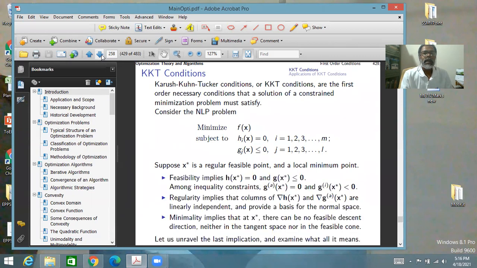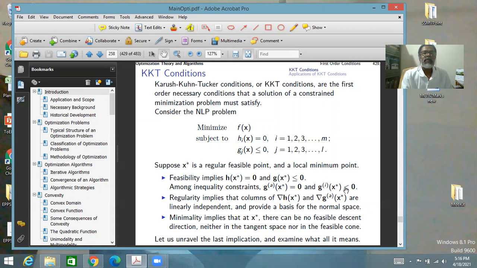So there are three things here: feasibility, regularity, and minimality. The feasibility implies these two. Among the inequality constraints, there may be one set, which is the active set, in which case the function is equal to 0 at this point, and then there is another set, the inactive set, in which case the constraint function is negative at this point.